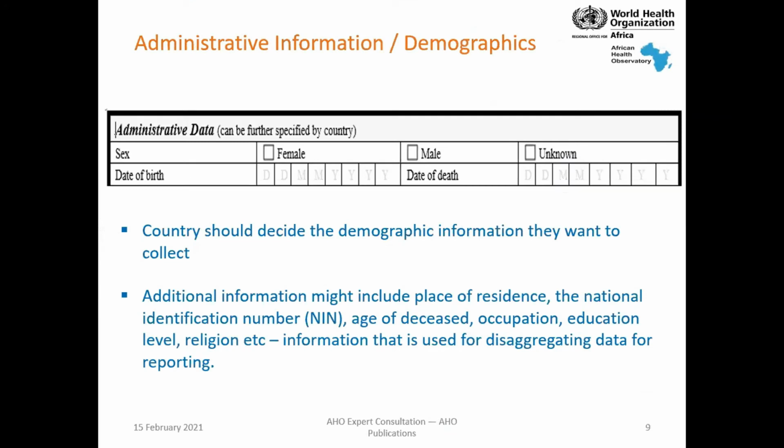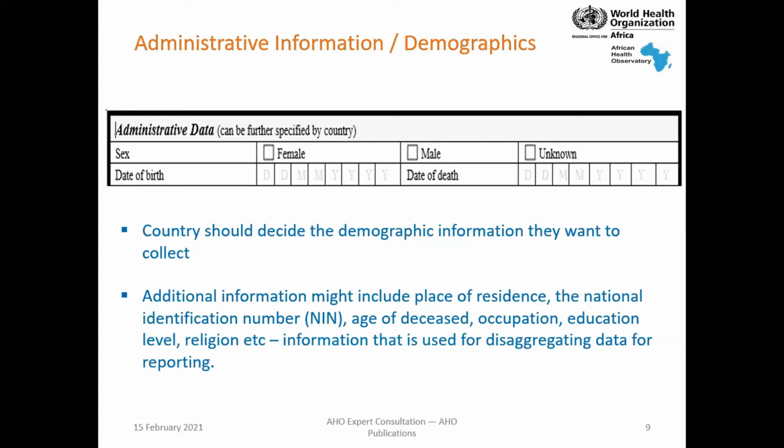For the administrative or demographic information, the country should decide what information should be captured. You might want to include the residence, the district information, and other socio-demographic characteristics like education, occupation, income status. You can include as much information as you want at the country level.